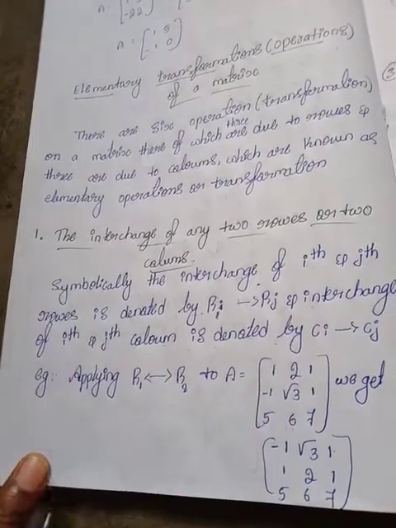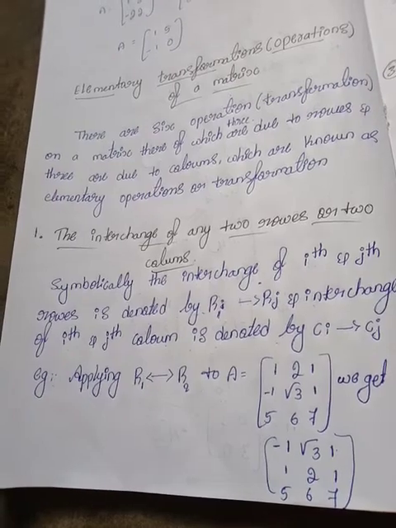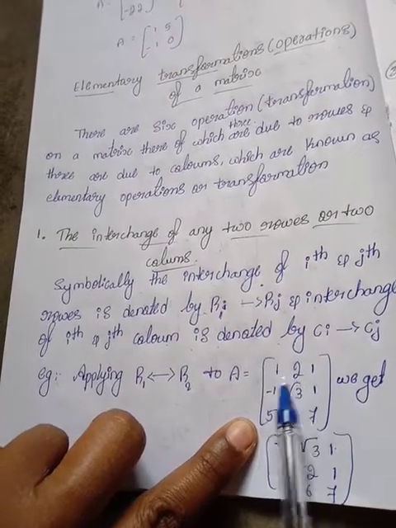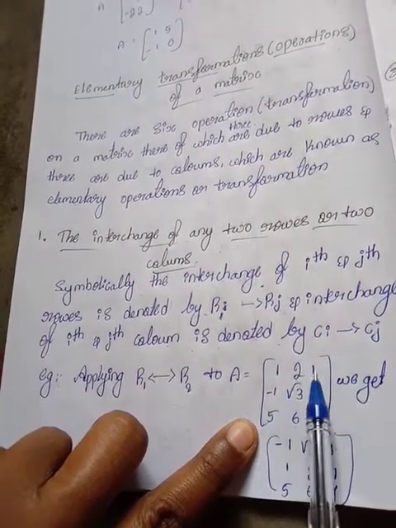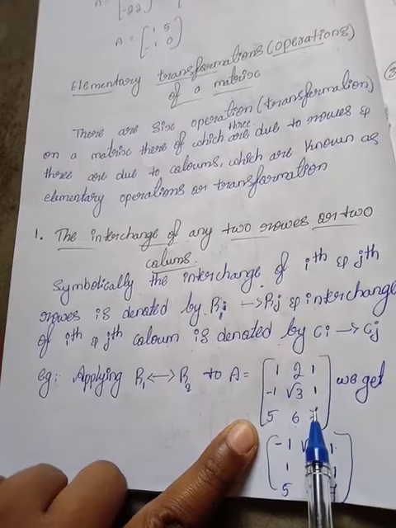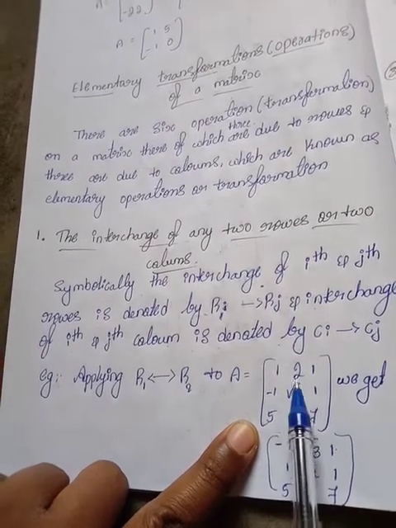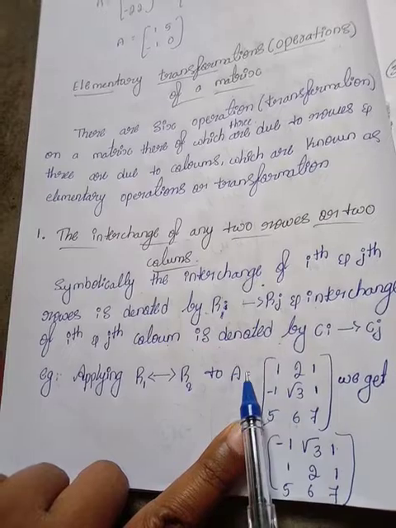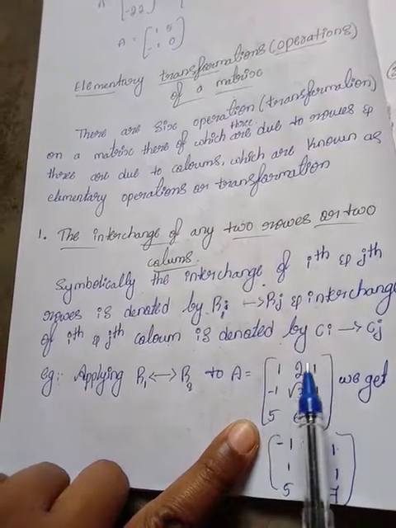If you interchange any 2 columns, this is your first column, second column, third column. If I change column wise, write the second column first and write the first column as second.